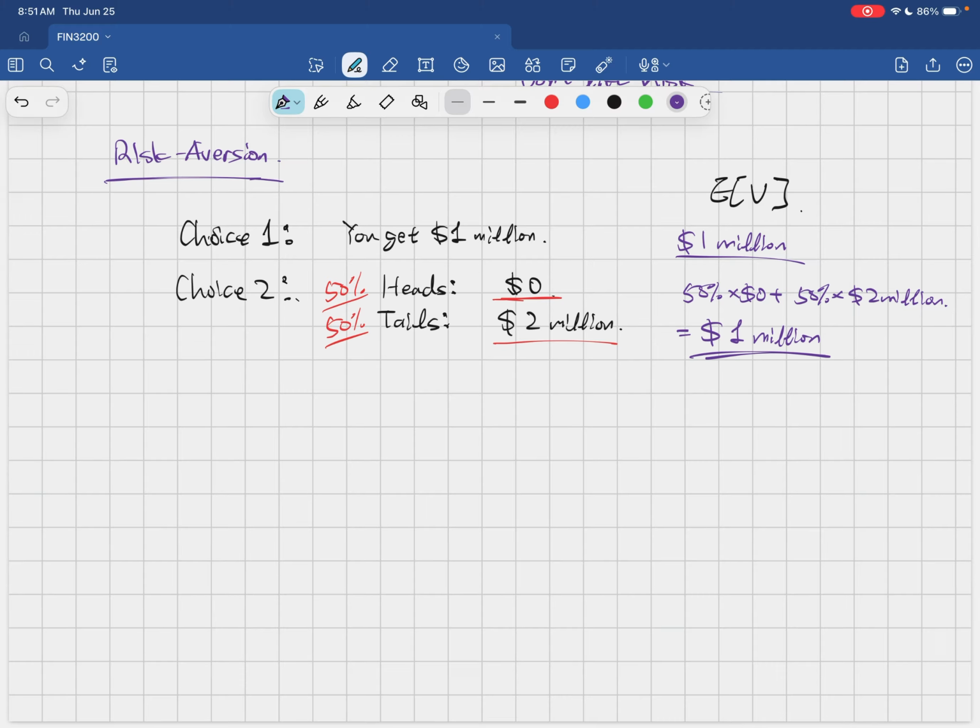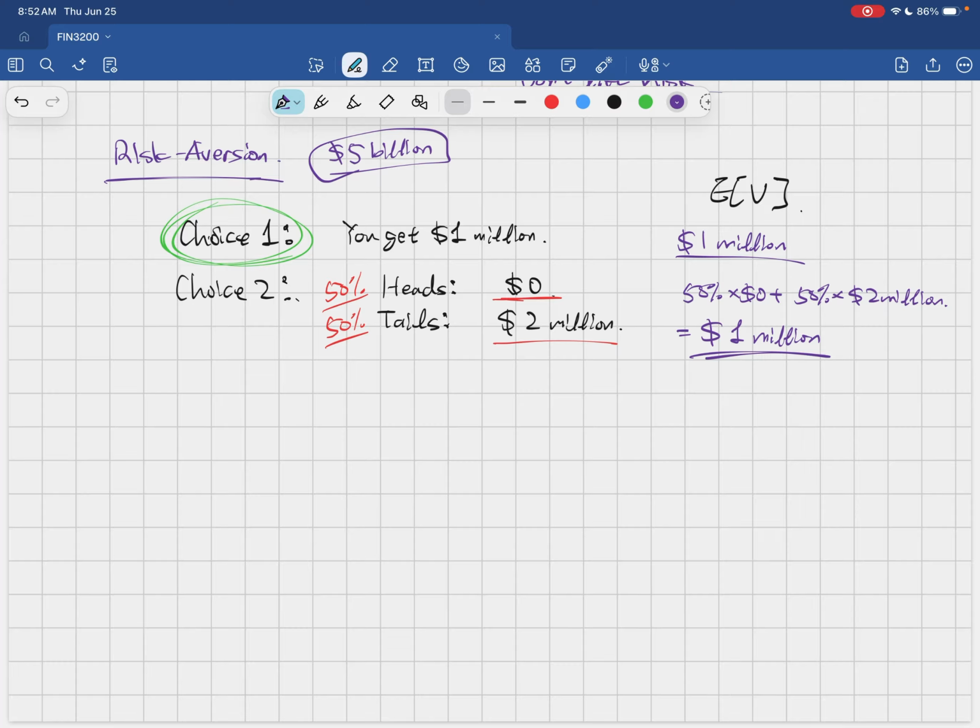But if you really had to choose, assume this is a real life choice, what would you choose? Most people will go with the first choice. If you're really wealthy, let's say you have 5 billion in your account, then you don't really care about 1 million or 2 million, and you might flip a coin just for fun.